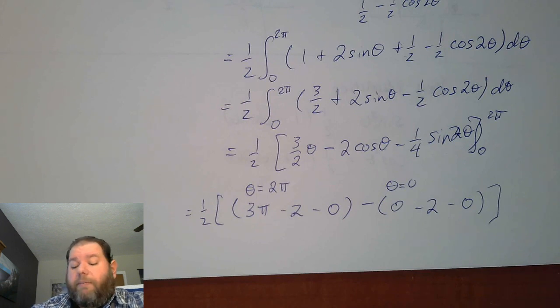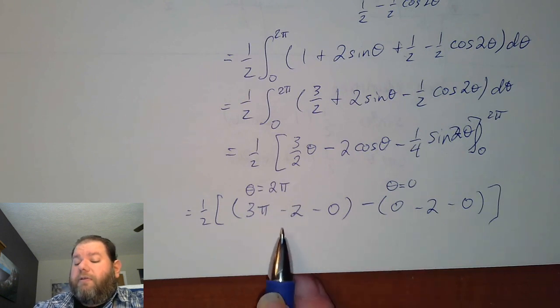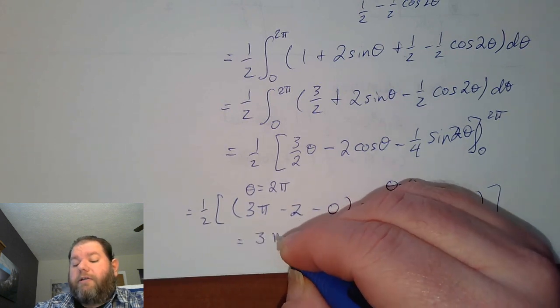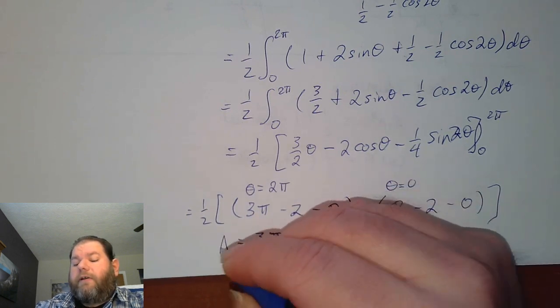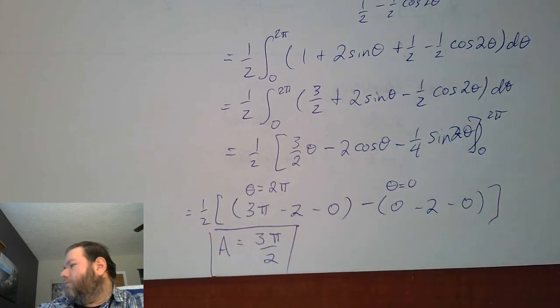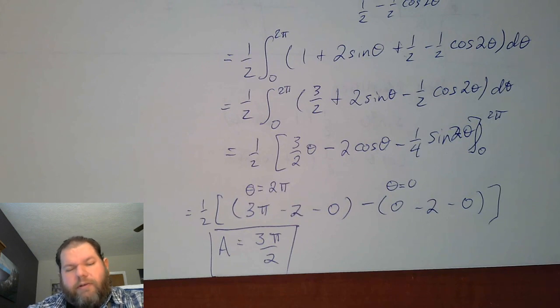Didn't anticipate that happening. Okay. So the 2's cancel here. So we just get 1/2 times 3 pi, or 3 pi over 2 is our area. And that's kind of our basics for working through these area formulas.